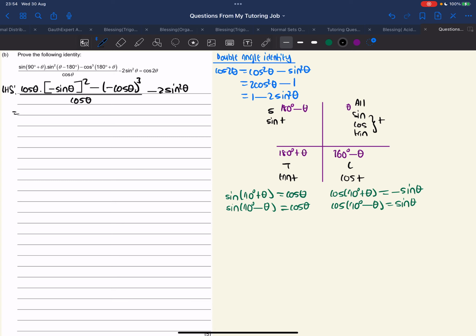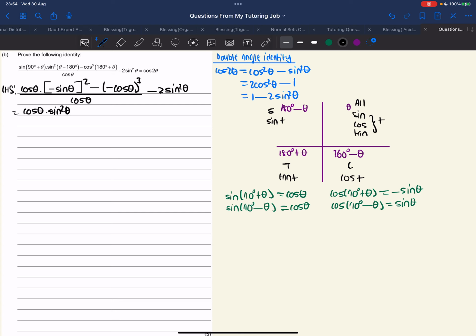Then I'm going to say all over cos of theta minus 2 sine squared theta. Now I'm going to have a cos theta multiplied by sine squared theta, because if you put anything inside of a square, it's going to be positive. Even if you were to put -1 inside of a square, it's going to become positive. So if you put any number inside of a square, it's always going to give you a positive answer.